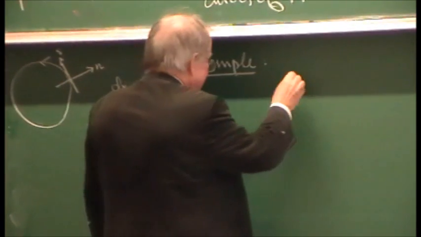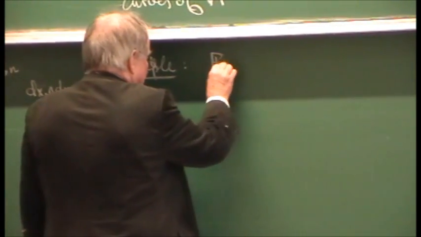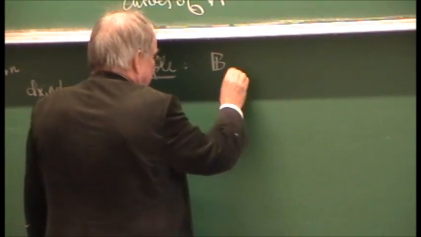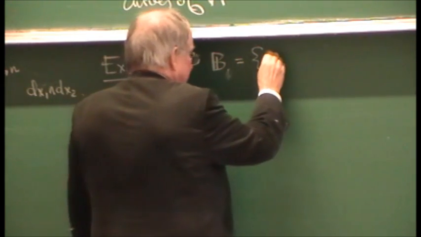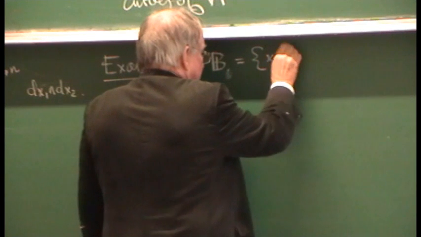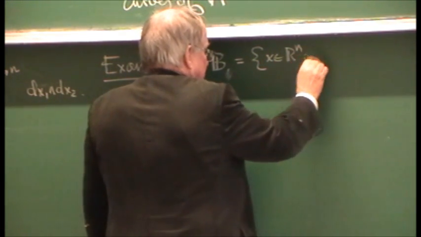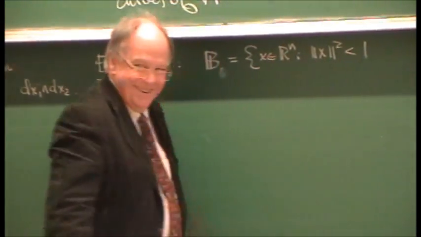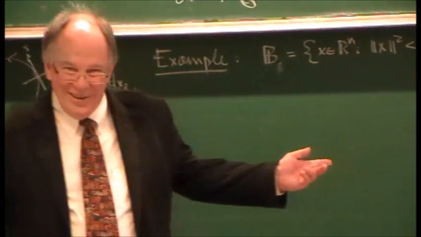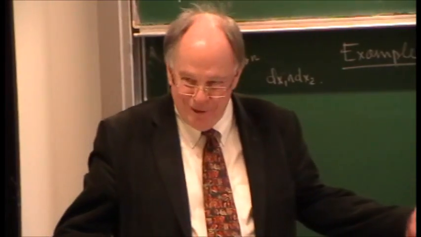So I think if you take the unit ball, the ball of radius 1 in Rn, so x in Rn, such that norm, now here you go. Yes, you see, there's the function.